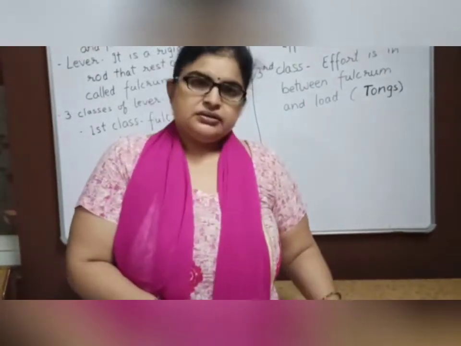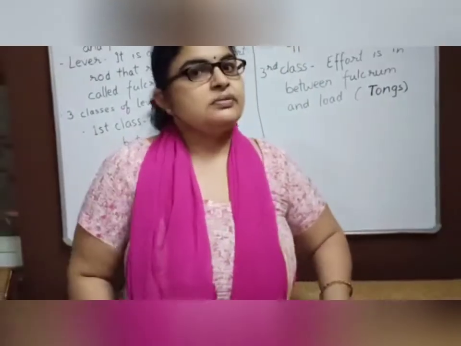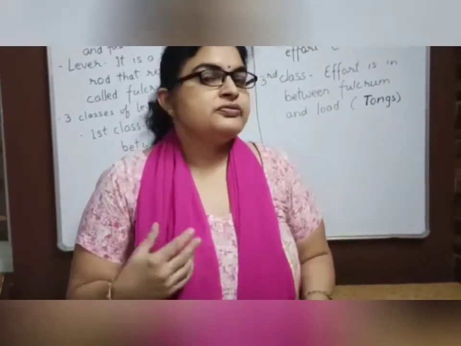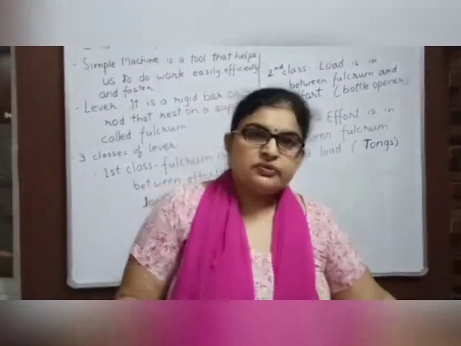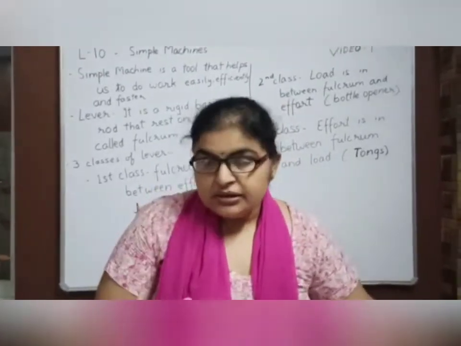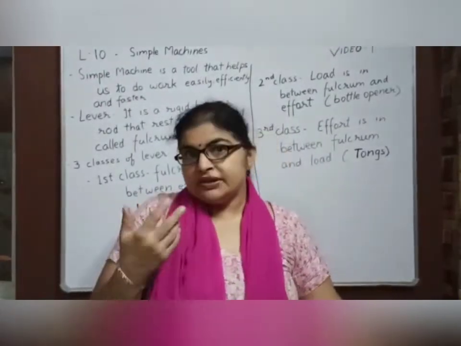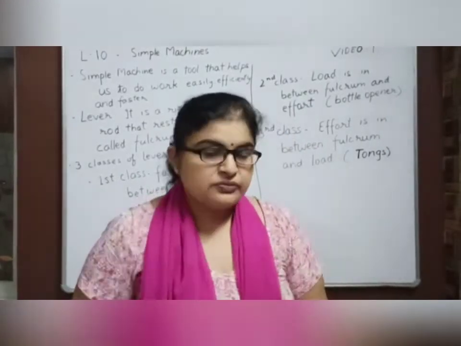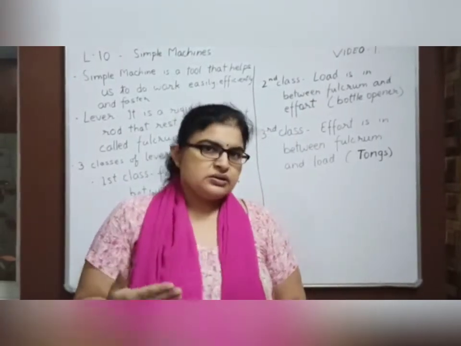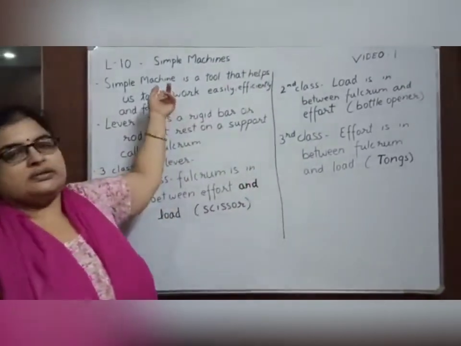So anything that makes our work easier, faster and more efficient, like this one, we can do work easily, efficiently, and at a good speed. That is called a machine.